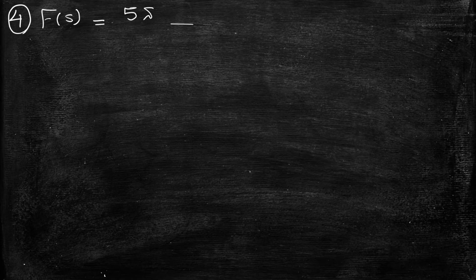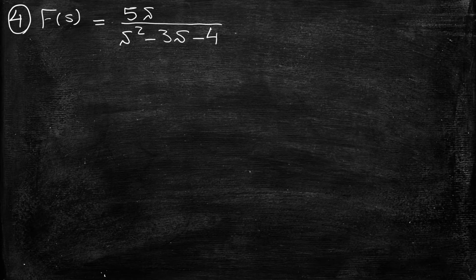Let's see this example. What happens if we have this F(s) equal to s over s squared minus 3s minus 4?